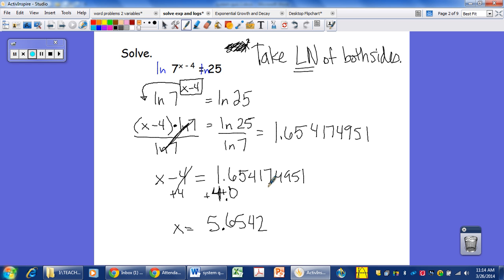So we'll finally round to the 4th decimal place. The 7 makes the 1 become a 2. So rounding to 4 decimals gives me an x value of 5.6542. So taking the natural log of both sides allows us to take the power and make it into a product so that we can solve this nicely.